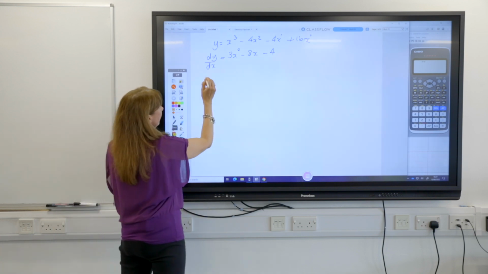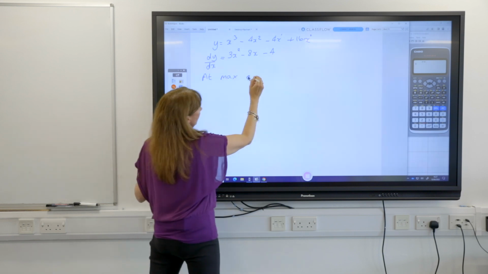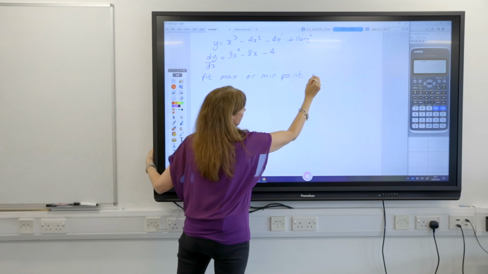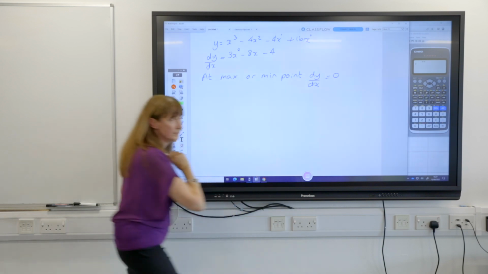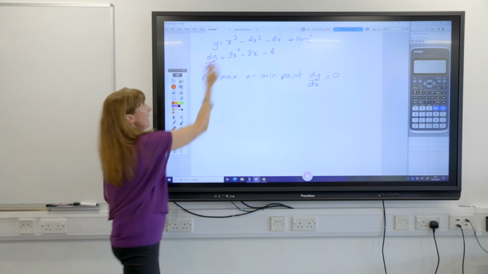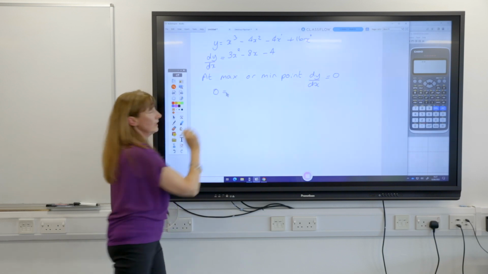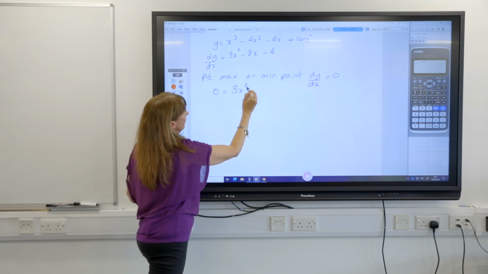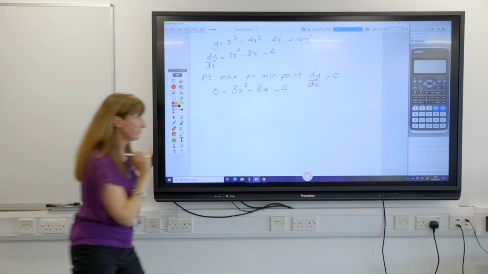So we can say that at the maximum or the minimum point, dy by dx equals 0. So we're stating why we're now making this equation equal to 0, because communication at A-level maths is really important. We have to explain why we've made this equation 0.